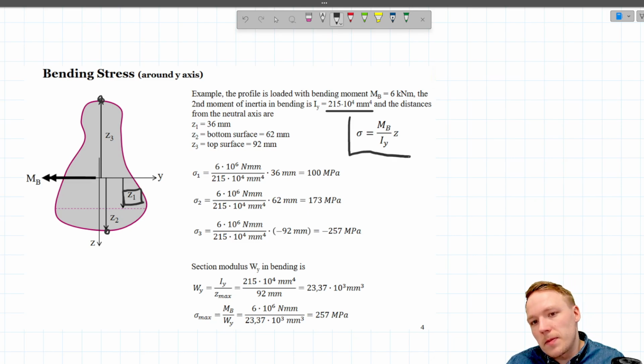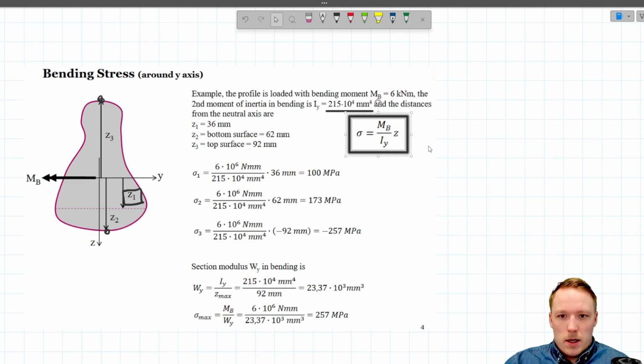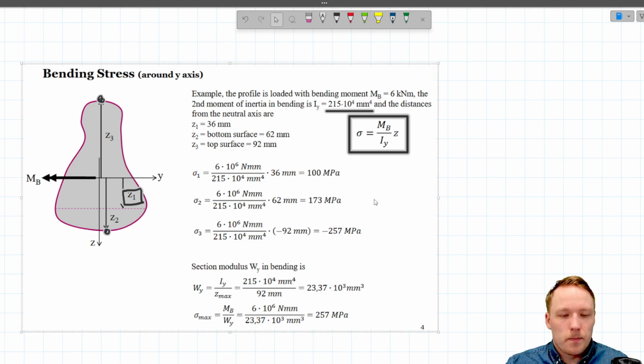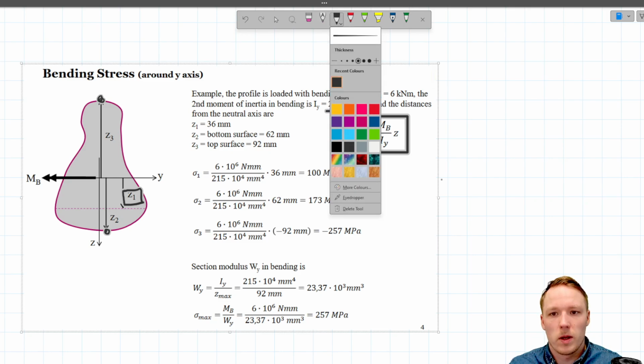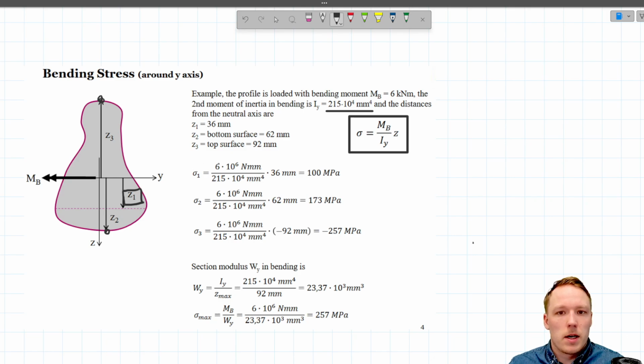In this case, the equation which we're going to be needing is this one. So sigma equals bending moment divided by second moment of inertia multiplied by the distance. How do we calculate it in this case? Well, the sigma 1, stress 1, will be quite simply 6 times 10 to the power of 6 Newton millimeters.